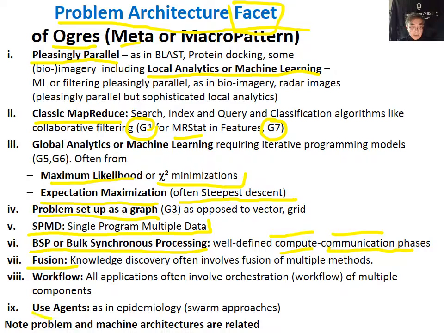And then the final thing I have here is using agents, and agents are a particular approach to computation. They're used in particular in epidemiology, and another well-known approach is called swarm approaches.